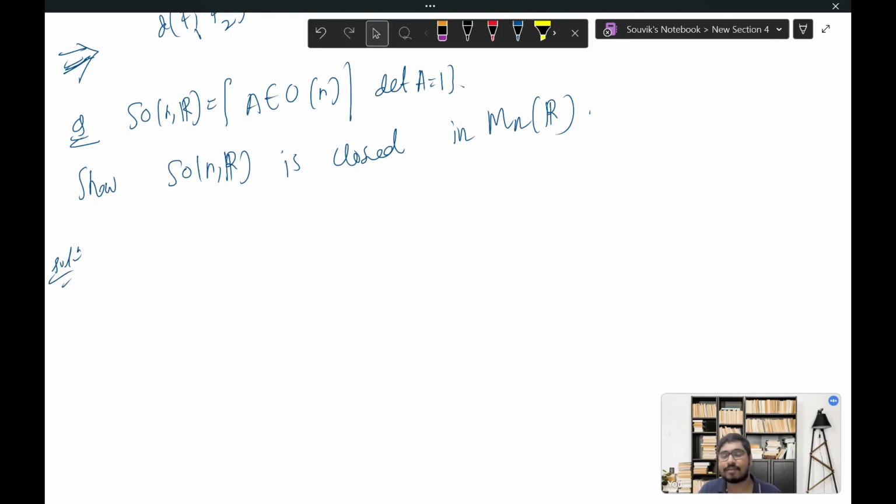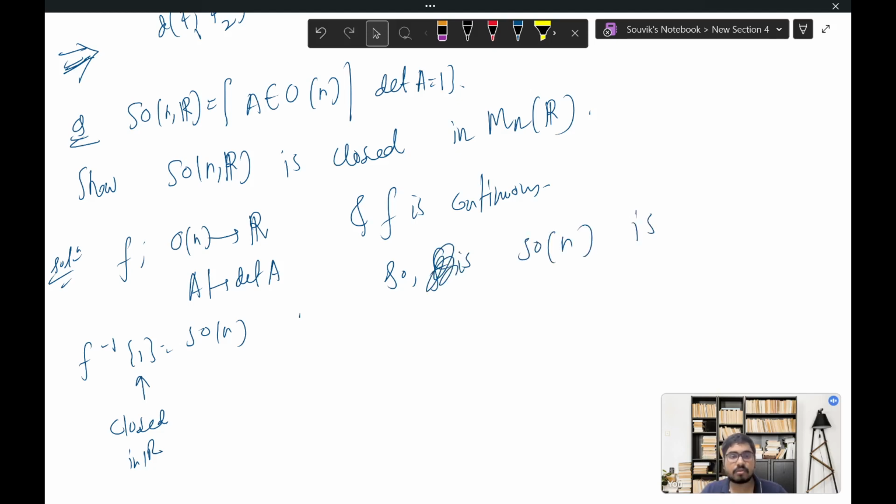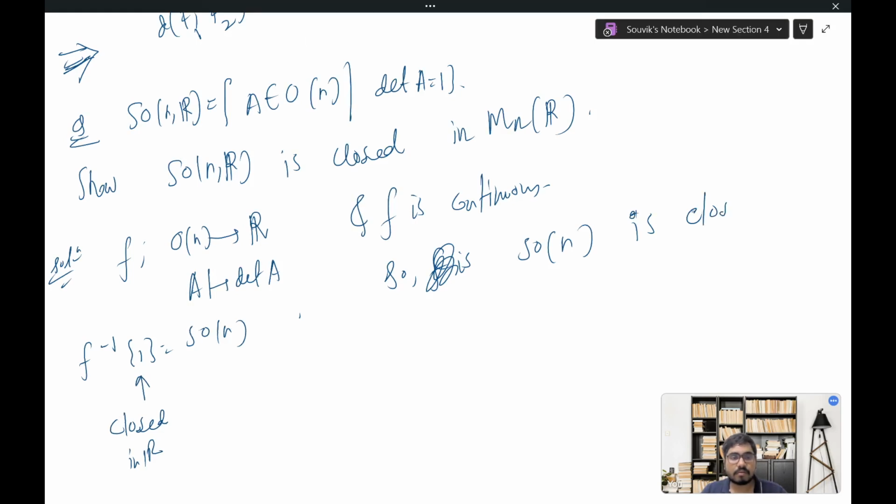So define a map f from O(n) to R by A goes to determinant of A. Then f inverse of 1 is nothing but SO(n), and this is closed since f is continuous. So SO(n) is closed in O(n).